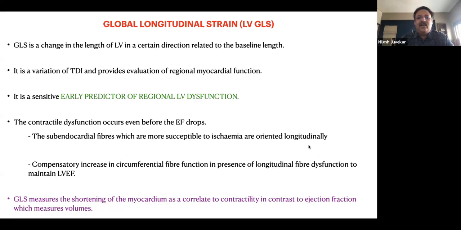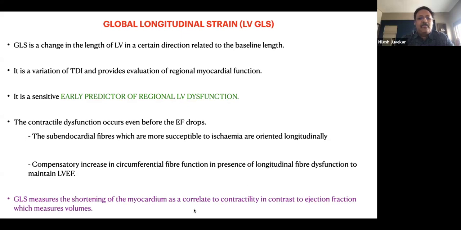And why does the LVEF appear to be normal? It is because of the compensatory increase in circumferential fiber function, and this compensation makes the LVEF appear to be normal, even if there is LV systolic or myocardial dysfunction.